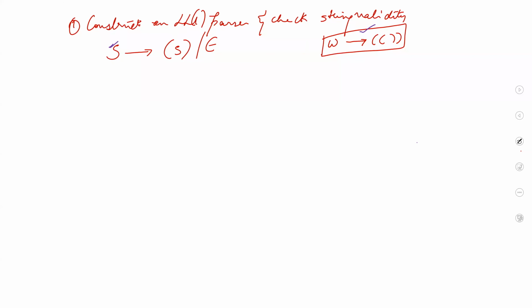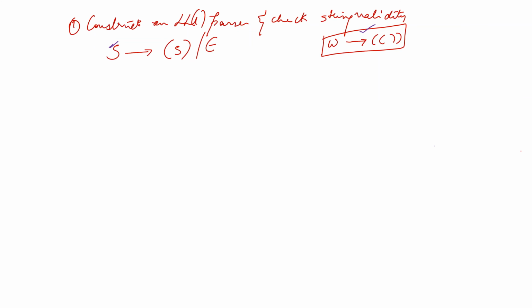As per the algorithm, the first thing you have to do is calculate the first and follow, so we'll do that first. We have to calculate the first and follow for this particular production rule.